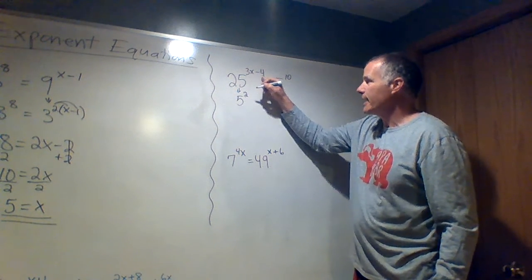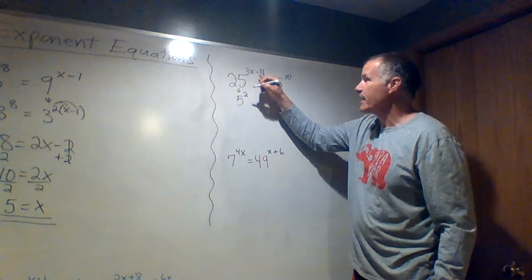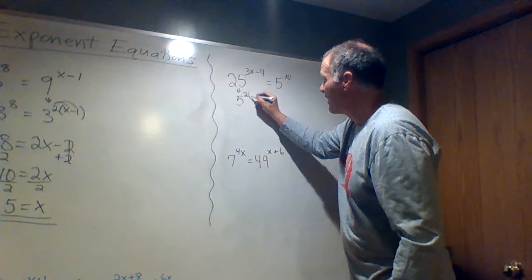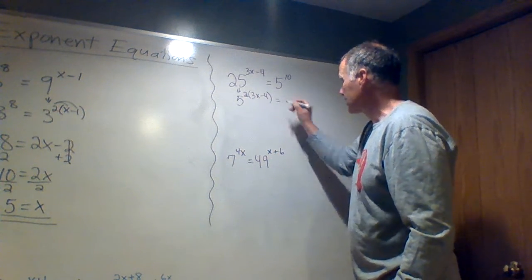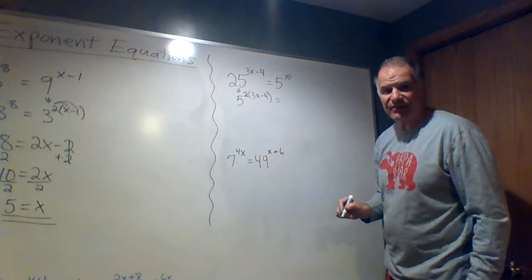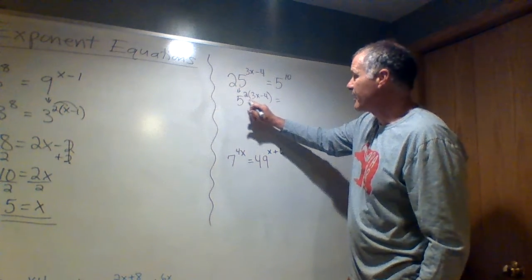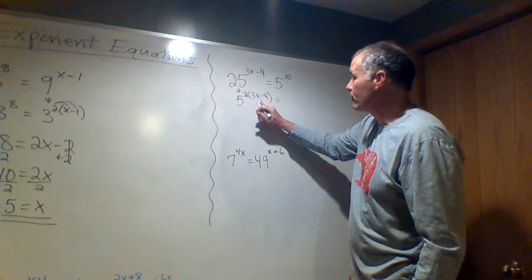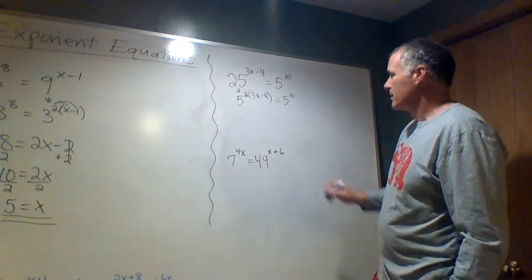But again, what is the exponent on 25? A binomial, 3x minus 4. So the 3x minus 4 needs to be put in a parenthesis after that 2. So that 2 needs to be in front of that binomial in a parenthesis. Now the 5 to the 10 just comes down.